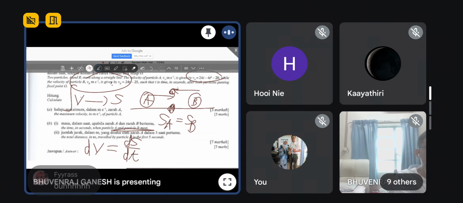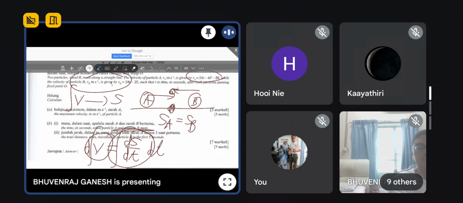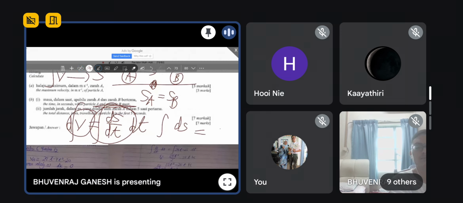So it means velocity is equal to change in displacement divided by change in time. So if I want to get displacement, I have to integrate. Okay, integrate with respect to time. So you integrate ds, what will you get, guys? If you integrate ds, you will get s. Because actually there is a number one here.